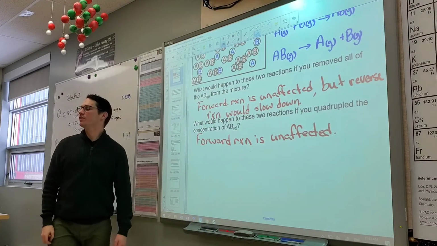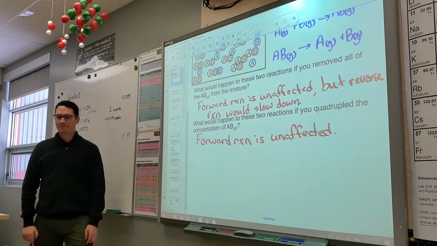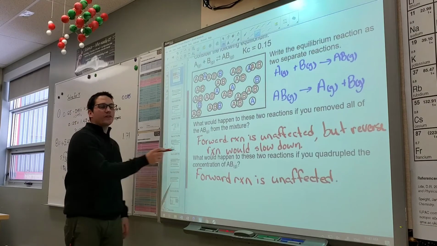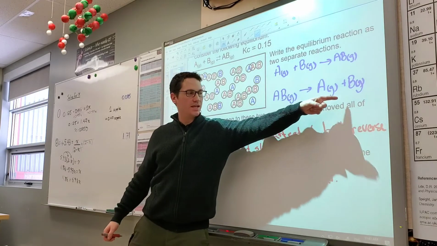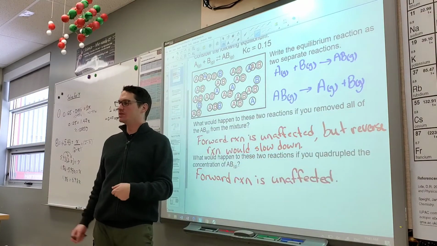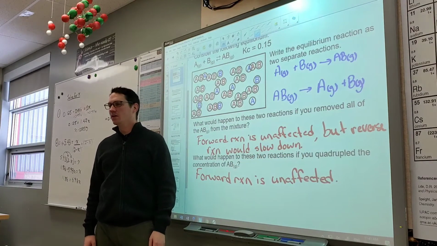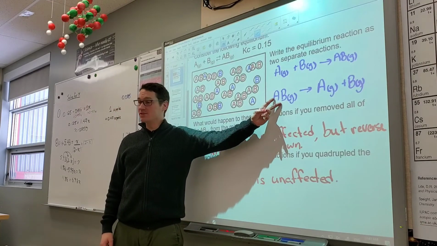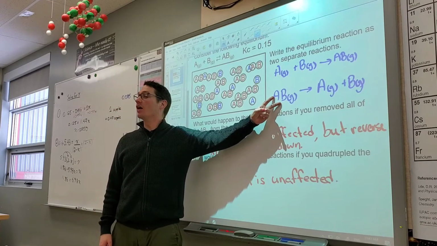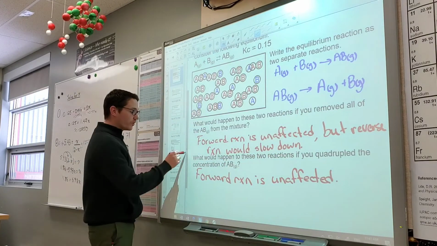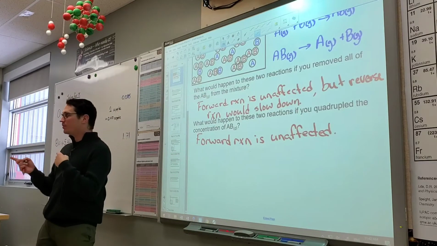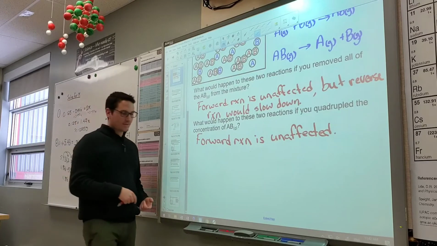What about the reverse reaction? Every second, are there more ABs turning into A's and B's, or are there fewer ABs turning into A's and B's now? There are way more of these, right? So way more of these are available to react. Would you agree? So the reverse reaction, did we speed it up or slow it down?